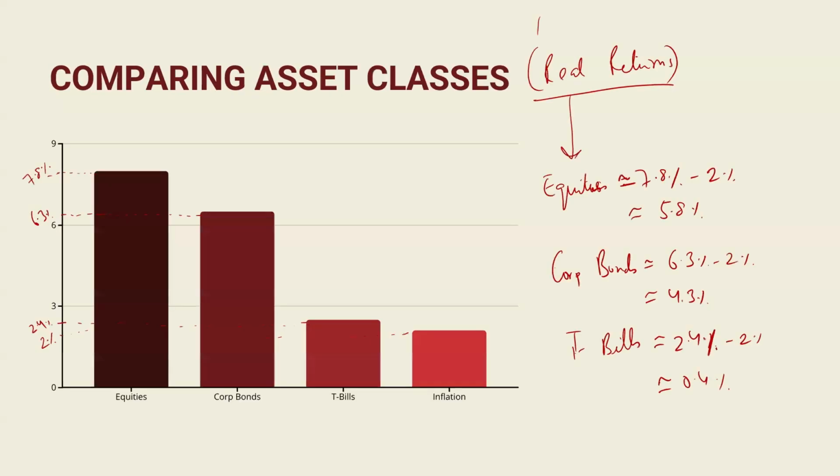So in this case, we will assume that the real risk-free rate is 0.4%, and the nominal risk-free rate is 2.4%. So if I want to find out my equity risk premium, it is this 5.8% minus the risk-free rate of 0.4%. Again, in real terms, both. So this is 5.4%. So what is risk premium? Risk premium is the compensation that investors are demanding over the risk-free rate to invest in the equity markets.